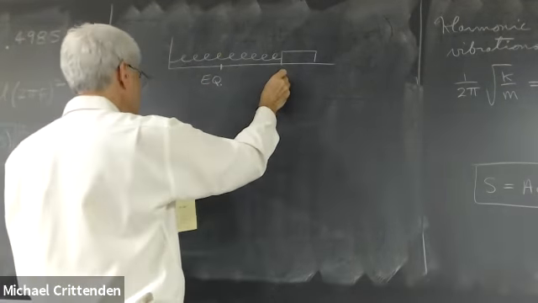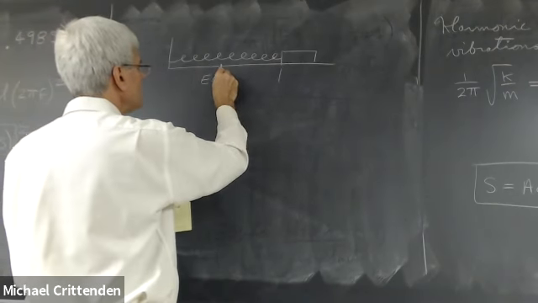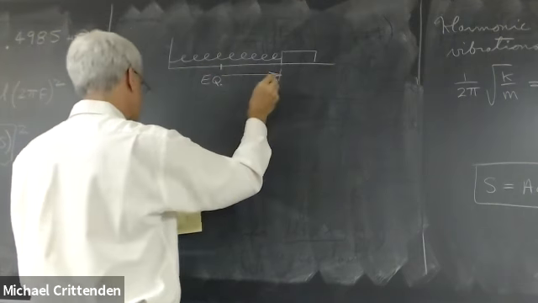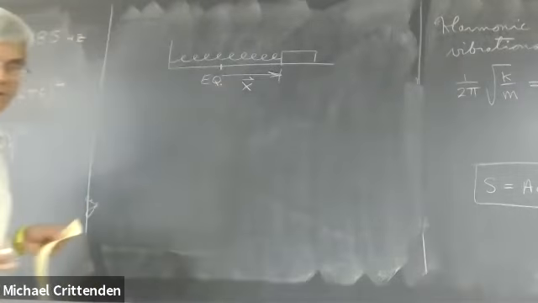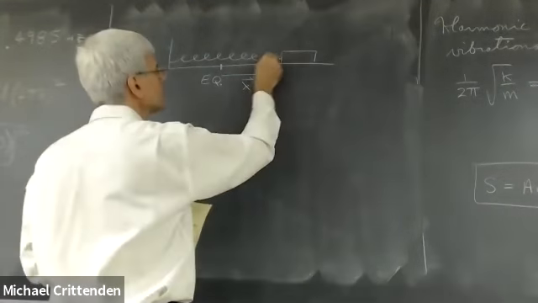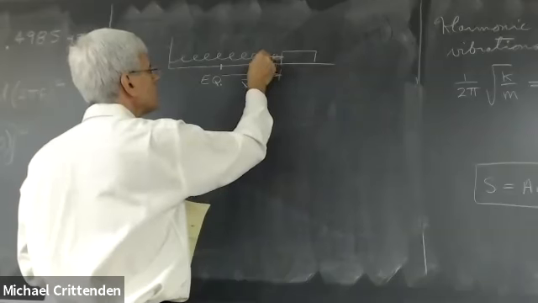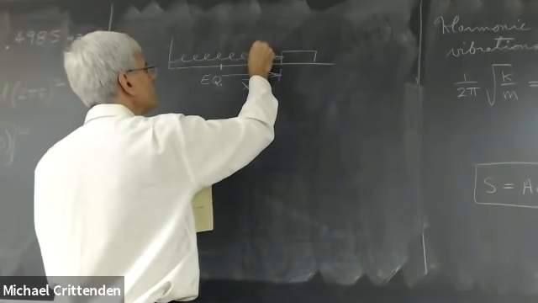And at the moment, the mass is located there. And so that's the displacement of that mass, x. And the spring is pulling on it with a force F.